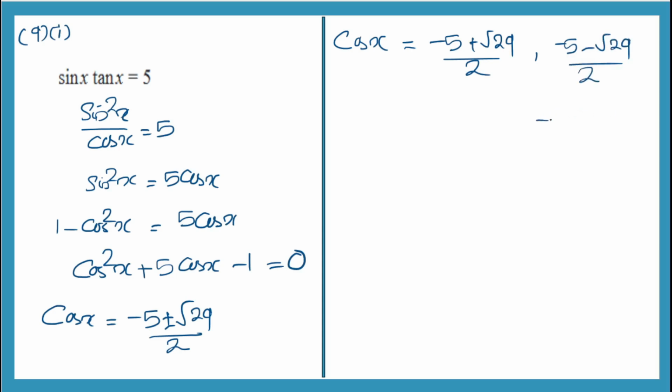As the value of cos x ranges between minus 1 and 1, this value can be discarded. Then cos x equals 0.1925.